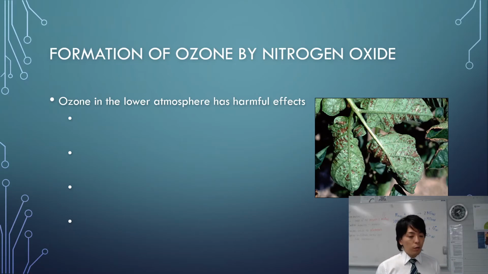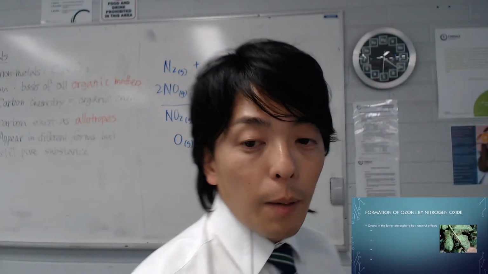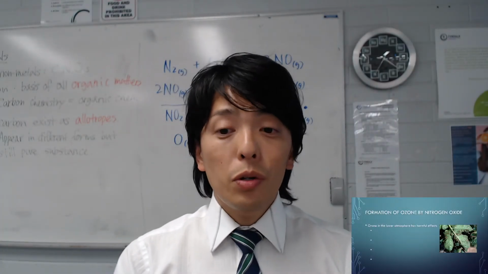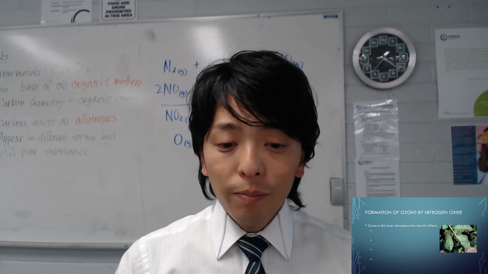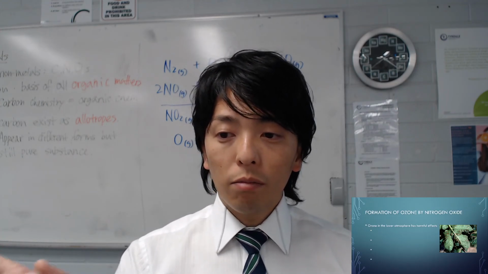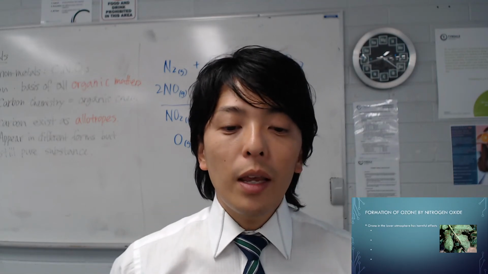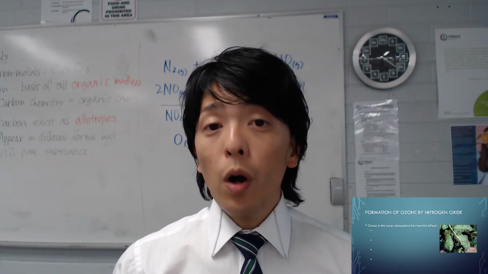There are four dot points there, but it's very similar to what we said before for oxides of nitrogen. First one is reduces the rate of photosynthesis in plants. You can see in the picture that leaves are having brown spots.